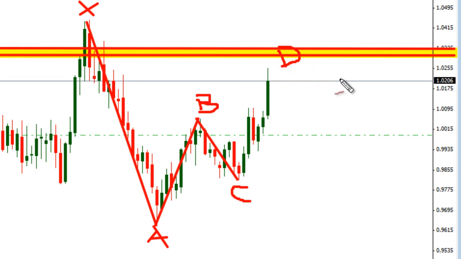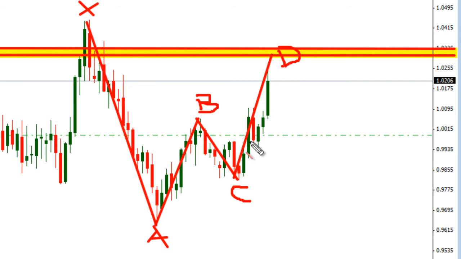Of course, my reason is that this CD leg of the emerging Gartley pattern is yet to be fully completed, and so I will look to ride on the back of the bull until price gets to our potential reversal zone. I stated that in my last video last week.